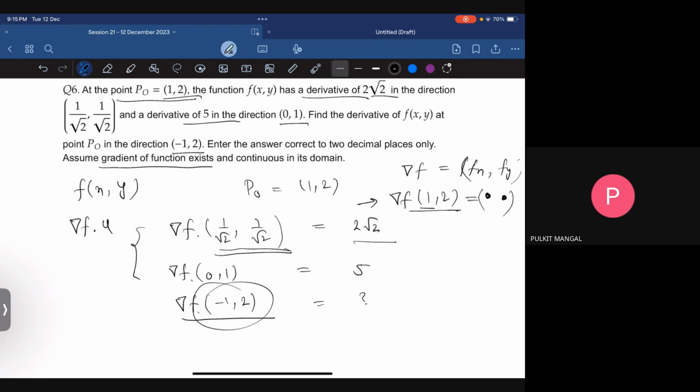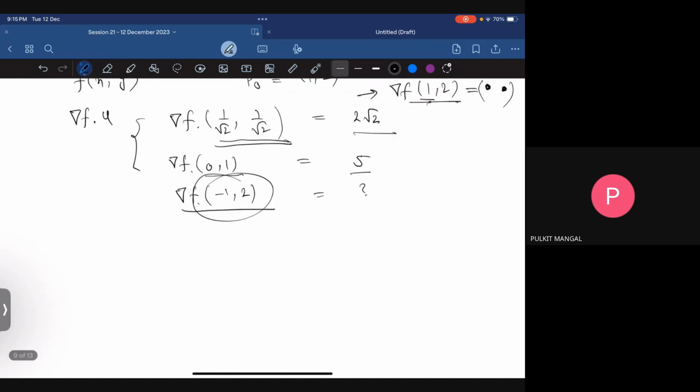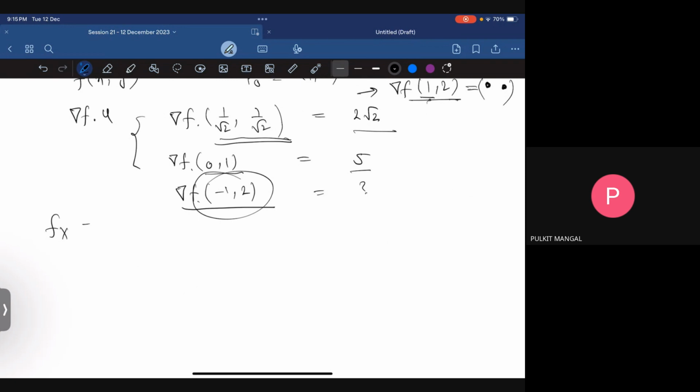The derivative is the gradient of f at the point (1, 2) multiplied with this unit vector. So let me consider fx to be a, fy to be b, at the point (1, 2). That's why I have considered them as scalars.